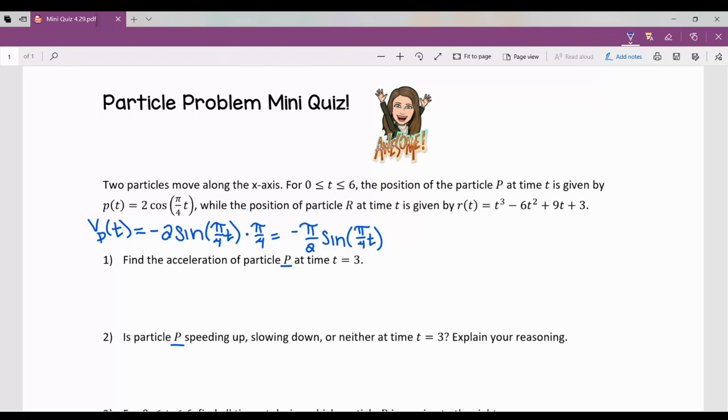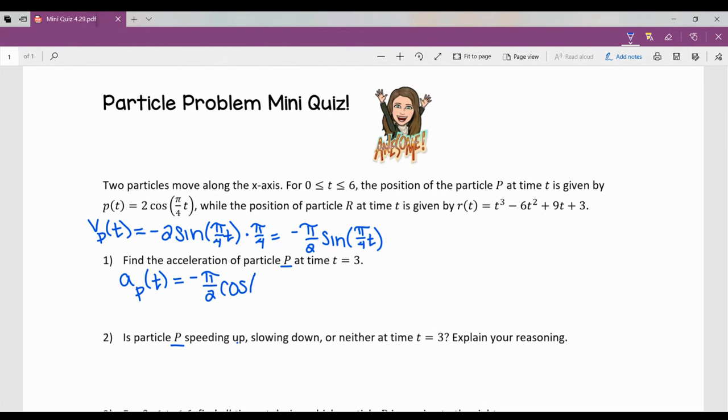For my acceleration of p, I'm going to find the derivative of the velocity. So derivative of sine is cosine, so we've got negative pi over 2 cosine.